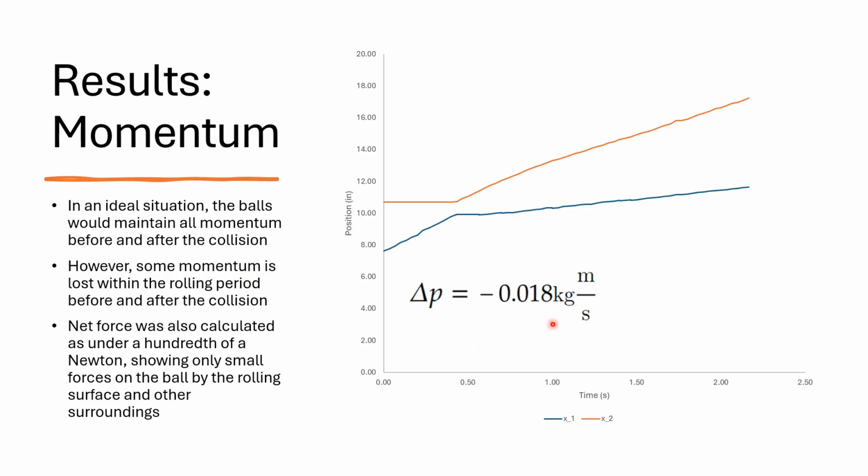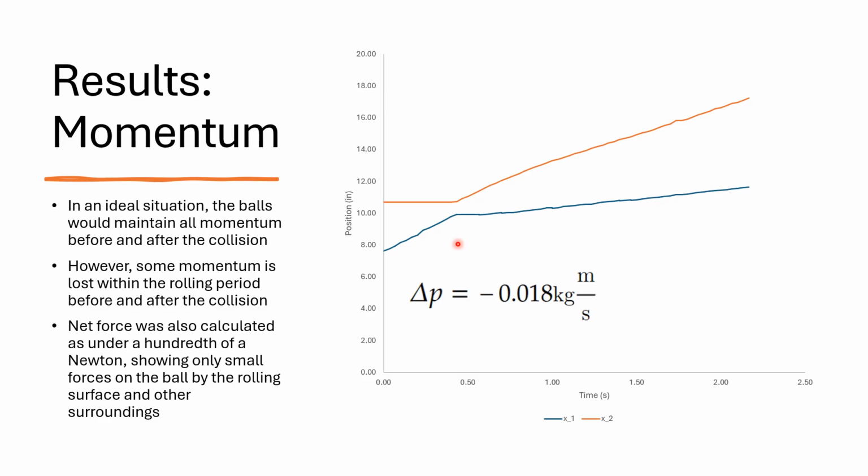Now for momentum, again, this is the change in momentum. In an ideal situation where there was no friction, no heat loss, nothing like that, the ball system would maintain momentum before and after the collision. However, there's some momentum lost within the rolling period, which would cause momentum to not be conserved, even though it is an inelastic collision.